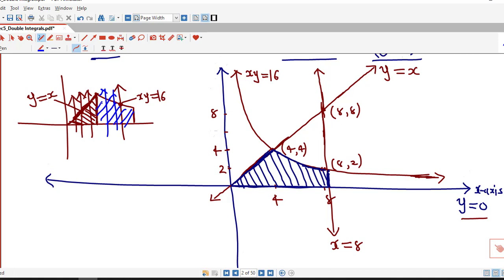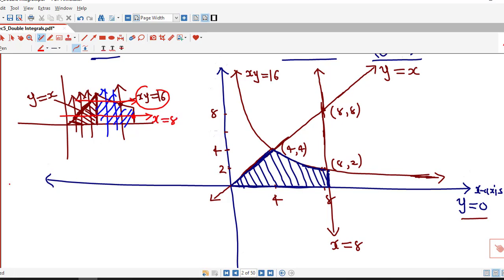Now if we consider horizontal lines, then also we have the same problem. If we consider a horizontal line in this part, then it will leave the region on the hyperbola. But if we consider a horizontal line in this part of the region, then it will leave the region on the line x equal to 8.